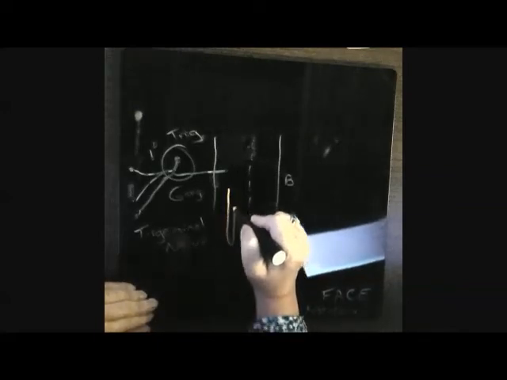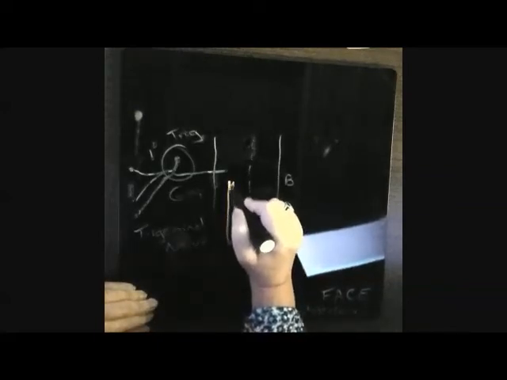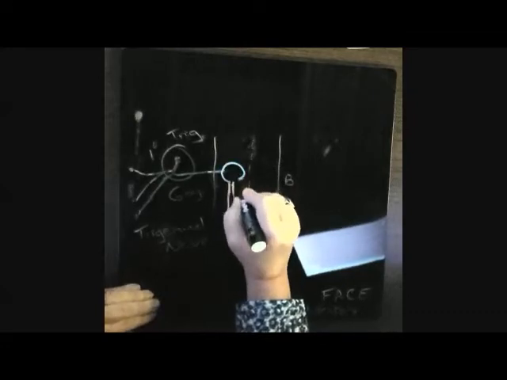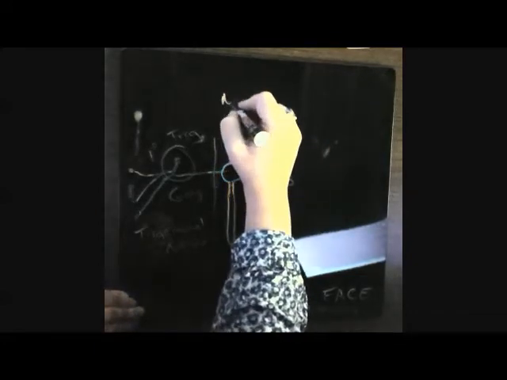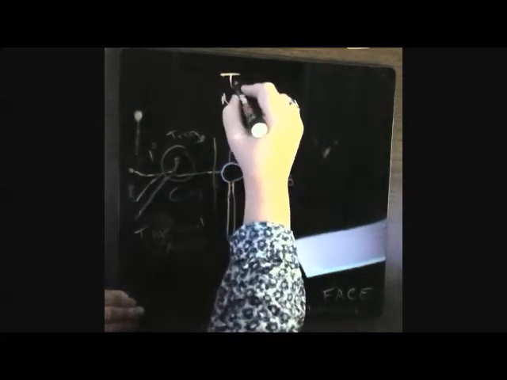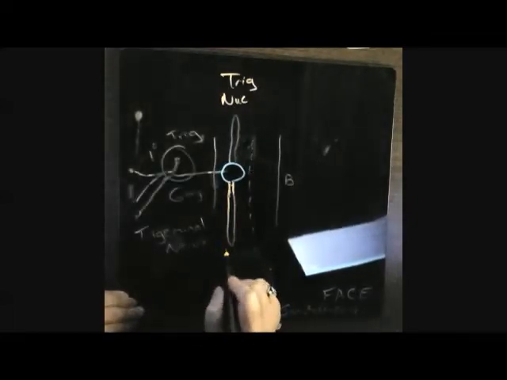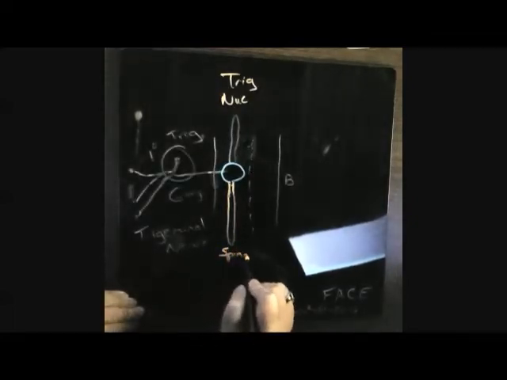Trigeminal nucleus. The trigeminal nucleus is this long chain of neurons. It's a nucleus, so it's cell bodies. This long chain of neurons, that whole thing all together is the trigeminal nucleus. There's the spinal part, so this is called the spinal trigeminal nucleus.